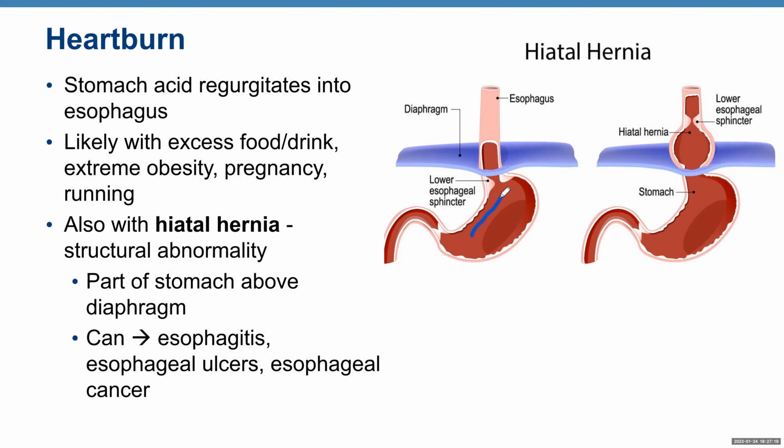The stomach has lots of mucus and bicarbonate ions that protect it from acid. The small intestine or esophagus are not protected from the strong acid. That's why it can really cause inflammation of the esophagus, ulcers, and even cancer, right?